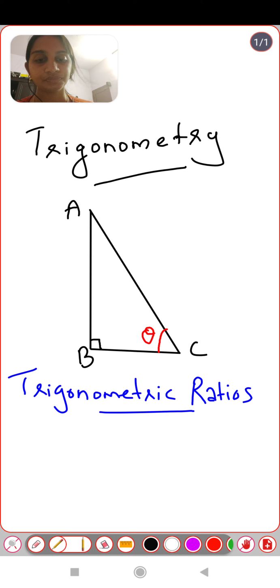Now, according to this angle C, there are two sides adjacent to this angle, which are BC and AC. But here AC is what? The hypotenuse, right?